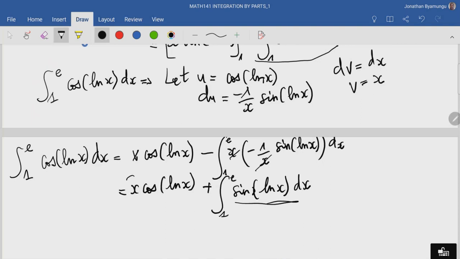I keep forgetting it, but please remember it when you're solving it. From 1 to e, right?